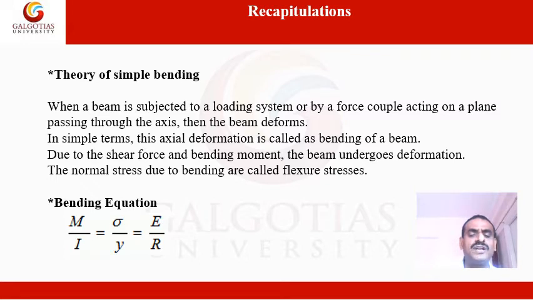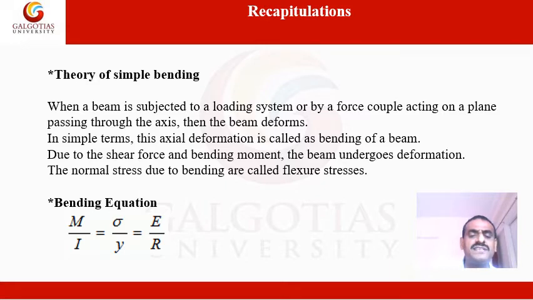Then I is the moment of inertia of the cross section of the beam. The moment of inertia varies depending upon the cross section of the beam. The cross section may be circular, square, rectangular, or channel sections. So the value of the moment of inertia changes based on the cross section. The unit for moment of inertia is millimeter to the fourth.